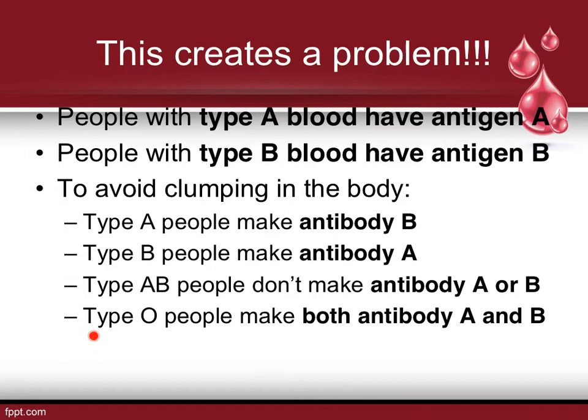If you have type O blood, you can make both antibody A and B because you don't make any of the antigens. So this is your body's answer to a potential problem. All right? It is very important that you remember this section that we've just gone about, how your body avoids clumping. It's by making the opposite kind of antibody to the ones that you present on your red blood cells.